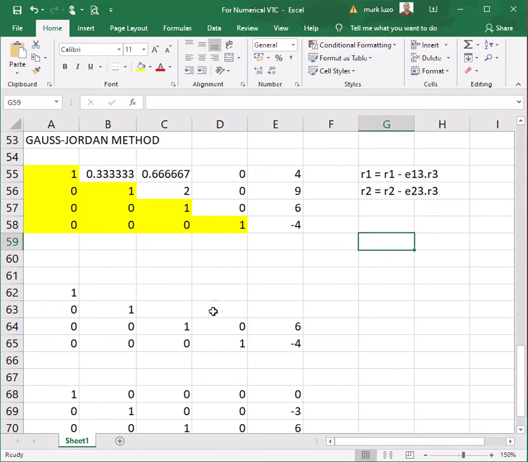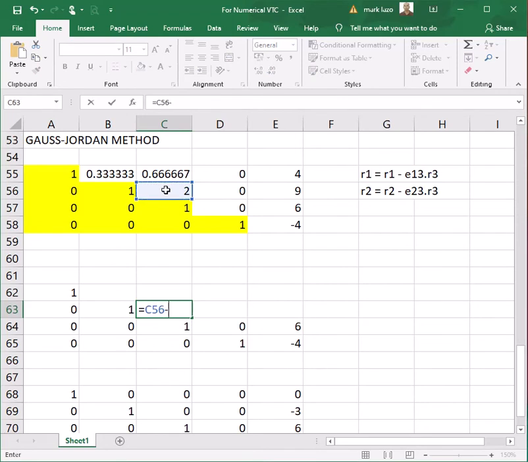So I will apply this formula to the entire equation. So this one, we have R2, so this one, minus the element in the second row, third column, that is still this one.